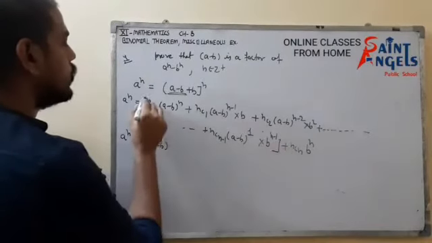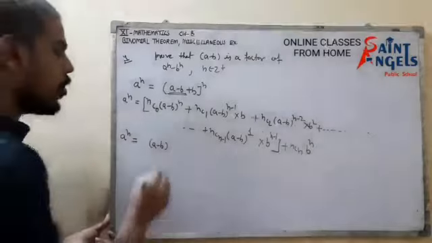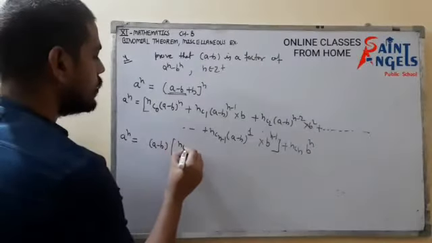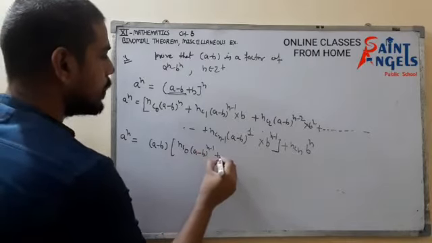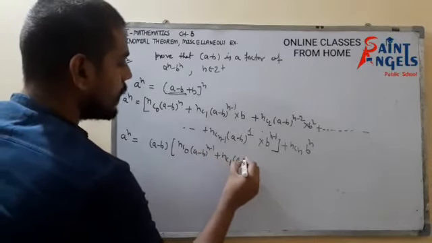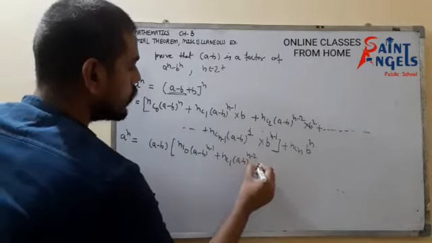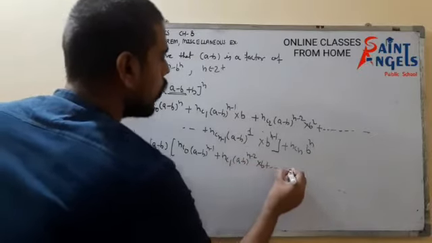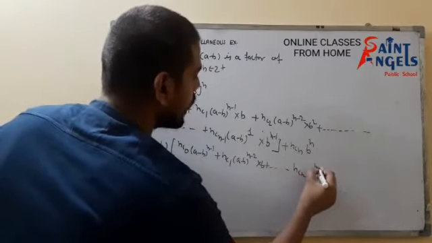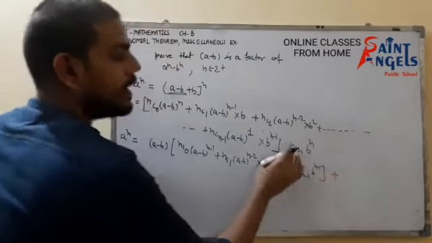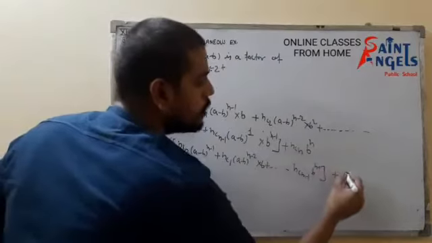Okay, from here to here I am taking a minus b as a common. So we will be left with nC0 a minus b to the power n minus 1 plus nC1 a minus b to the power n minus 2 into b and so on till nC n minus 1 b to the power n minus 1. And here we have nCn means what? 1 and b to the power n.